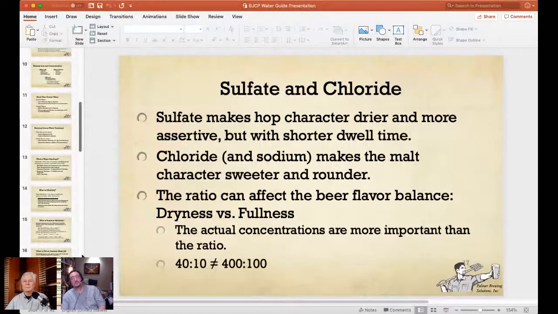The ratio can, I say it can affect the flavor balance. That's not really true. This is seasoning. So you can accentuate the flavor balance, or you can not accentuate the flavor balance. You're not going to change it. Salt is not going to change the flavor of a dish.